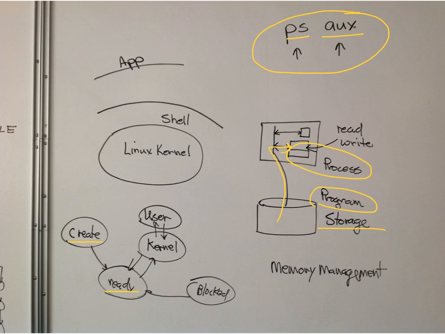The process becomes ready to execute. And then the kernel decides if it's going to execute this user process. And then if the user process for some reason needs to be stopped, or it's doing some I/O, it then can be blocked. Then it's going to go over here and be ready to start processing again.